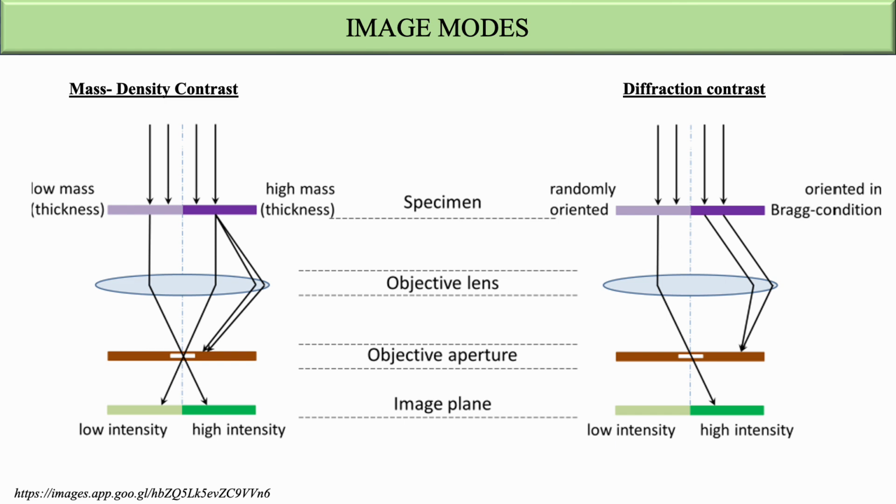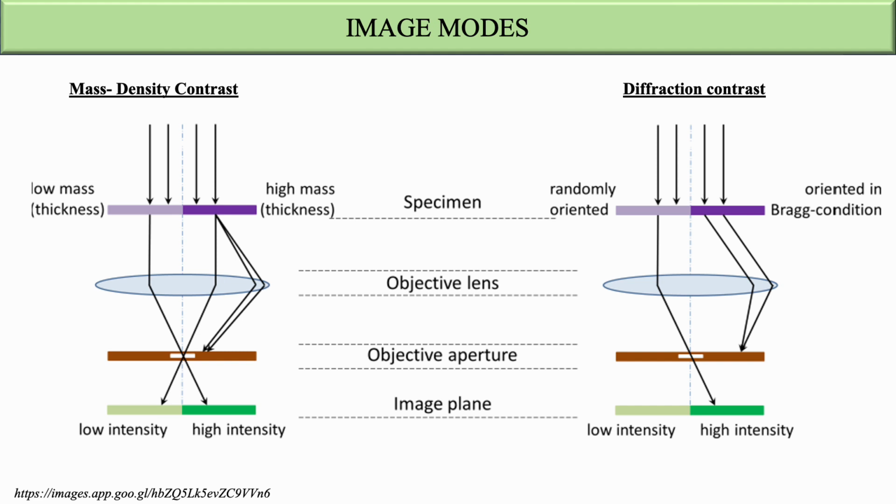Scattered electrons can create images with two different mechanisms. One is mass density contrast, the other is diffraction contrast. Because of the difference in thickness and density in a specimen, it will generate variations in electron intensity received by an image screen in TEM.